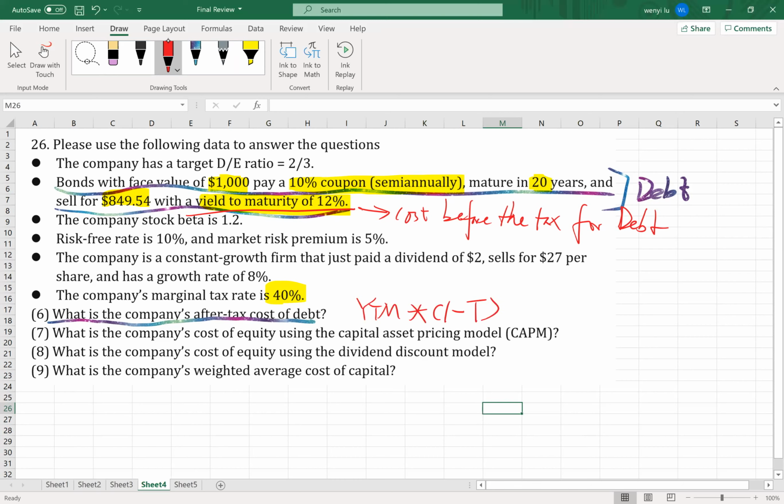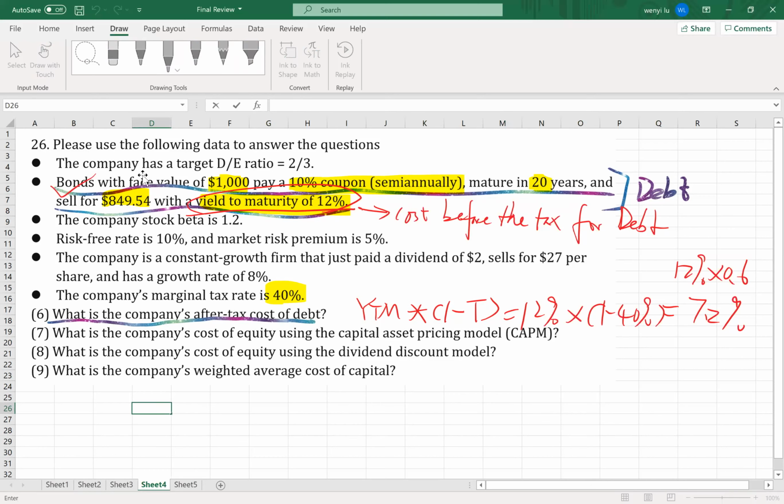Tax rate, right? So it will be 12% times what? 1 minus 40%, right? Equal to what? 12% times 0.6 equal to what? 7.2%. That's the cost of the debt after tax. And this question already gives you yield to maturity, right? In the problem given, right? Sometimes we don't know this yield to maturity. You can solve this one by yourself based on the bond items that are available here, right? So we can do this one here.